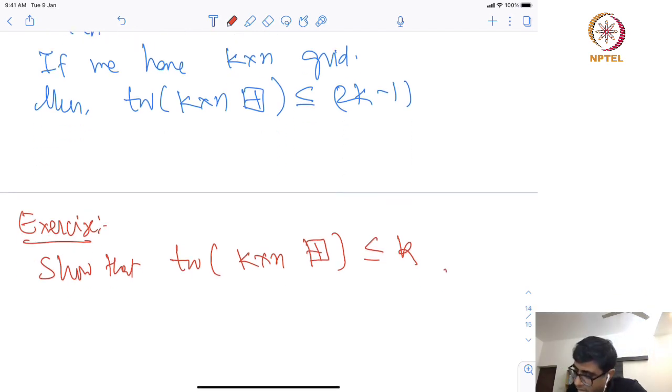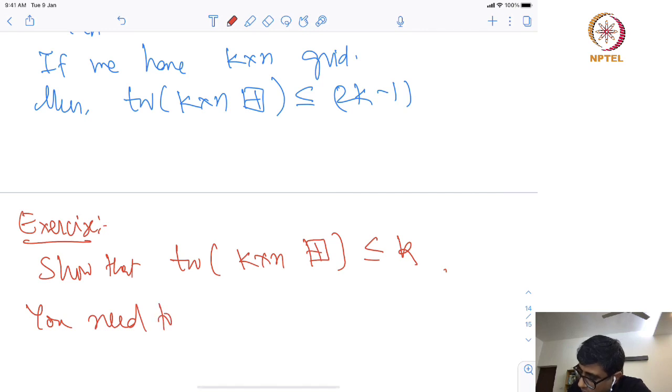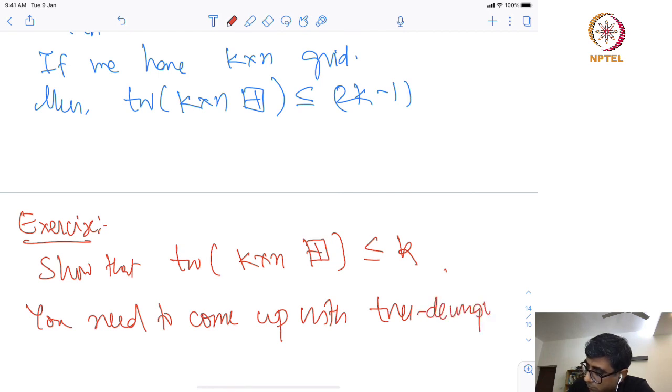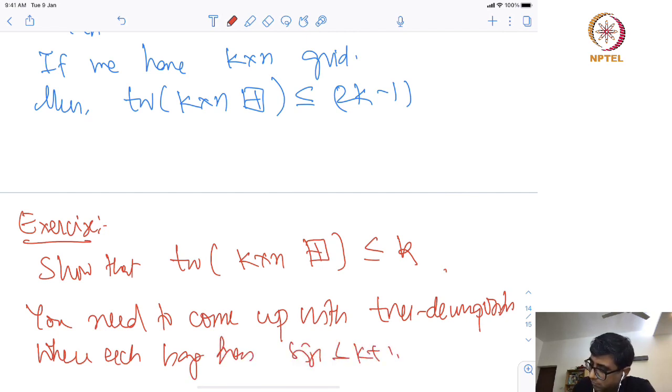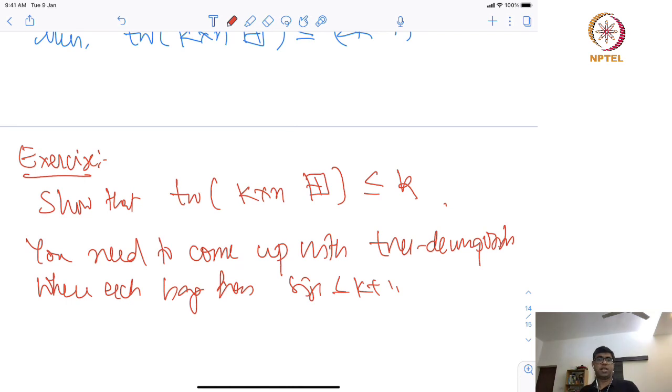It means you need to come up with a tree decomposition where each bag has size at most k plus 1. Okay. Try this, it is a simple and easy exercise.